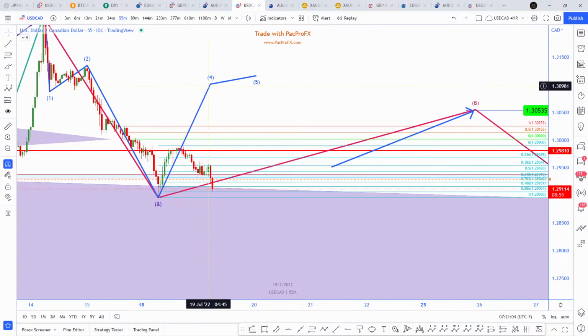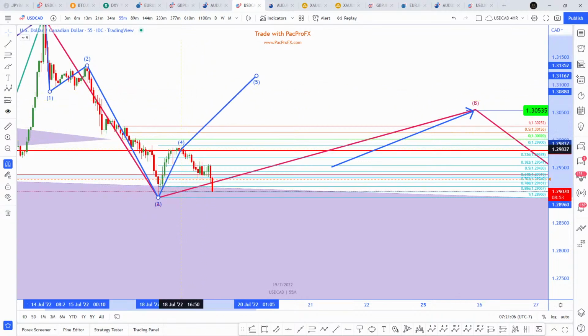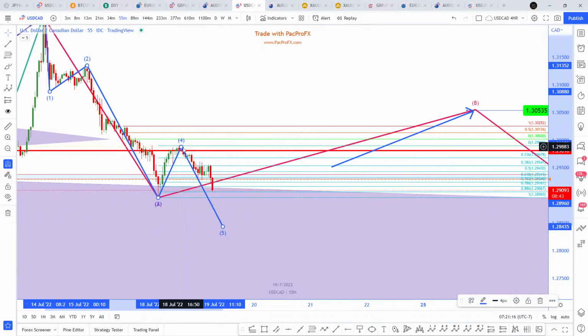So this was a 4. And then you're on a 5th wave here, and you're going down even more. Four is up to here actually. A, B, and C.